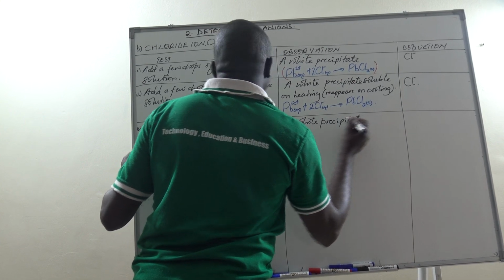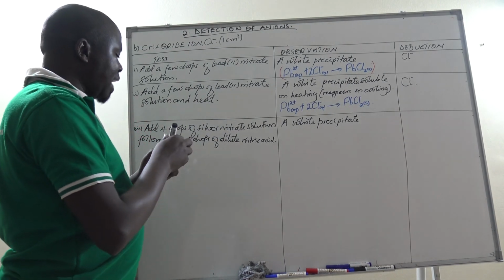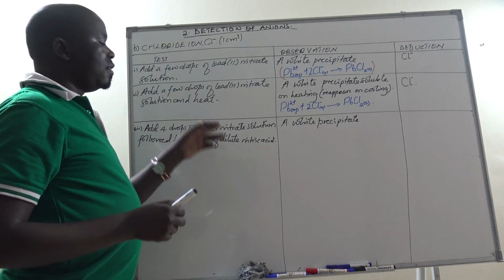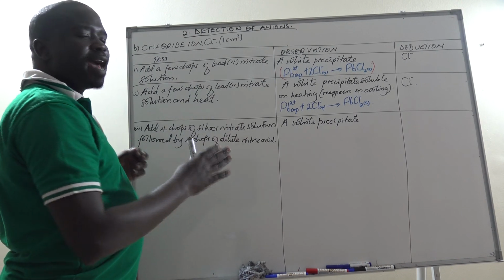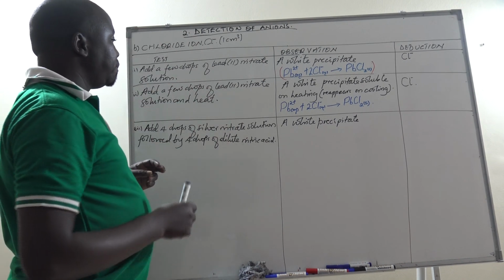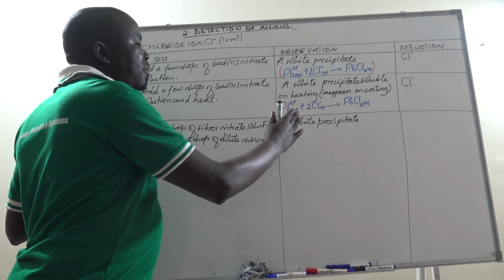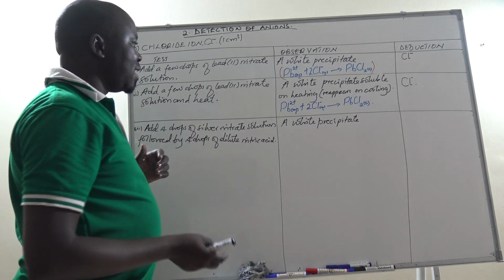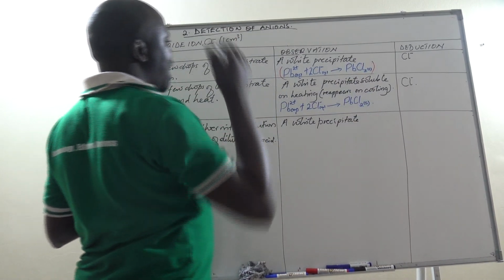Then, if we go ahead and add the dilute nitric acid, it will play the same role as we had seen earlier on with the sulfate ion, because it will destroy any carbonate ion or any sulfite ion, which would also form a white precipitate of either silver carbonate or silver sulfite, and it misleads us to think that the solution contains chloride ion.